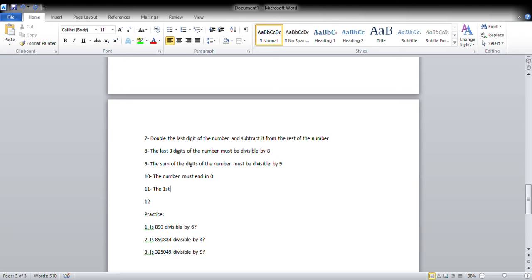The first, third, fifth, and so on digits are subtracted from the second, fourth, sixth, and so on digits, and the result must be divisible by 11.